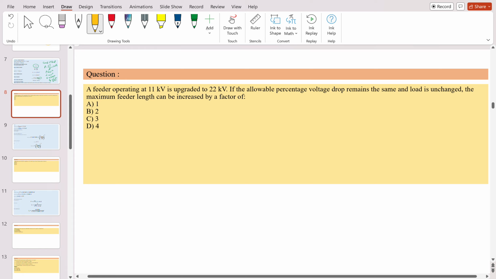Okay, I got one answer, option B. Check again, check again. Okay, I got option D also. So re-verify whether D is correct or B is correct. Take your time and try to solve.